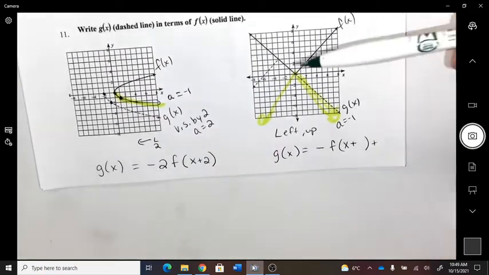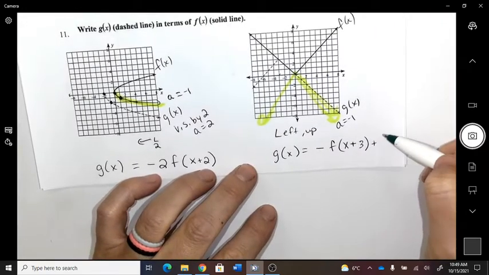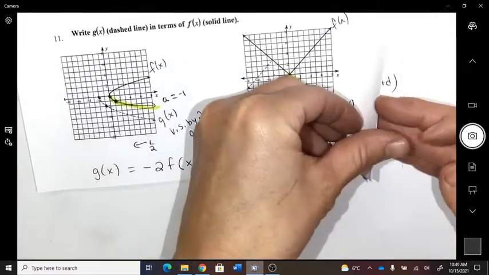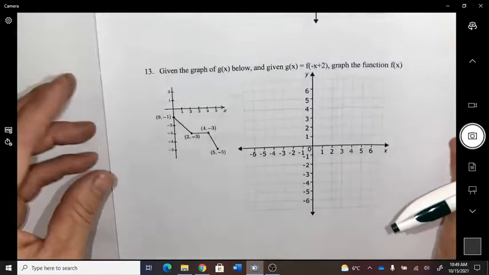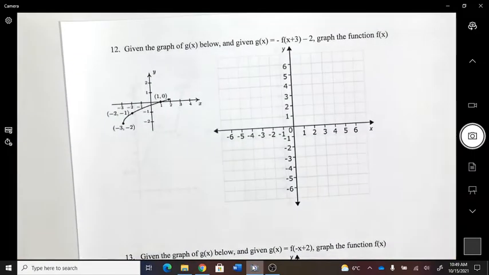Did you know how many? Anybody? 3. And then I think that's also 3 up. Okay.